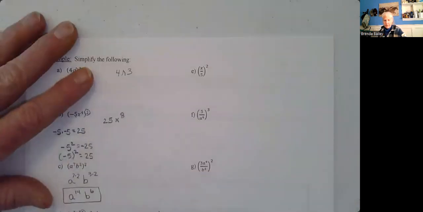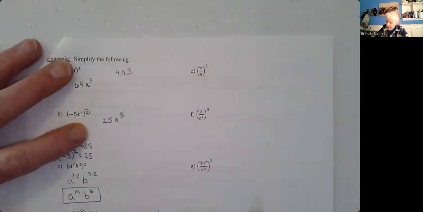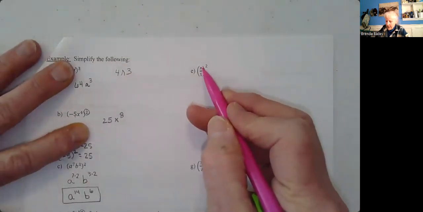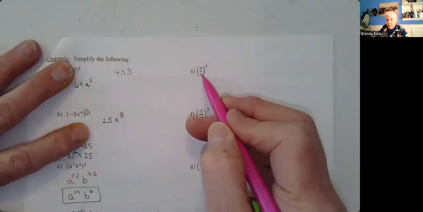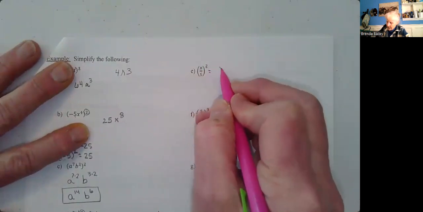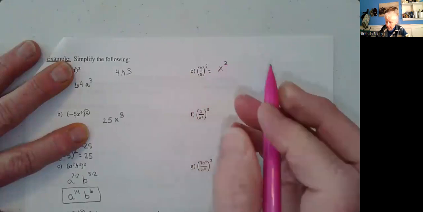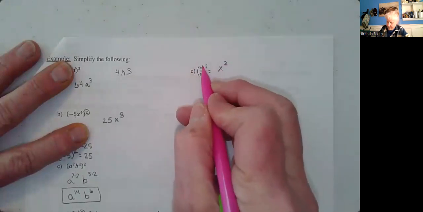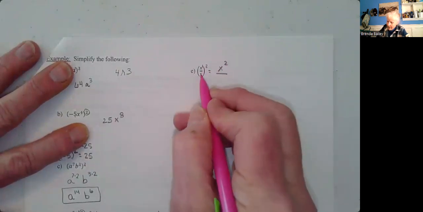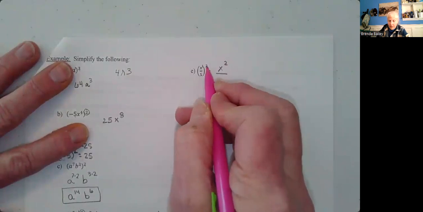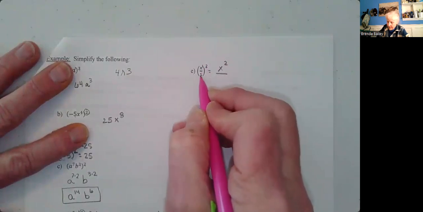E. Both the X is in the parentheses and the 5 is in the parentheses, so they're both being squared. Here we'll have X squared. Why? Because this is a 1. And 1 times 2 is 2. 5 squared, we're going to simplify it.